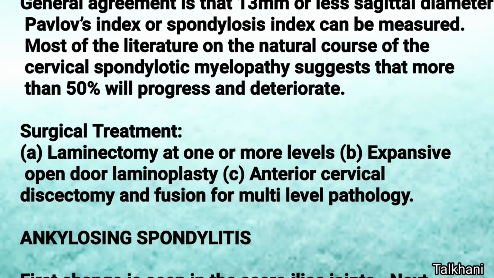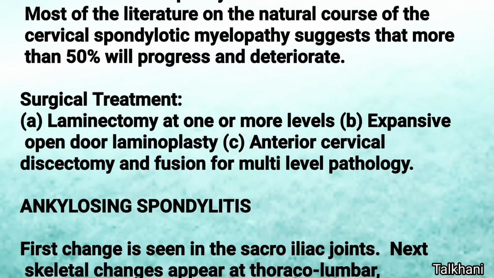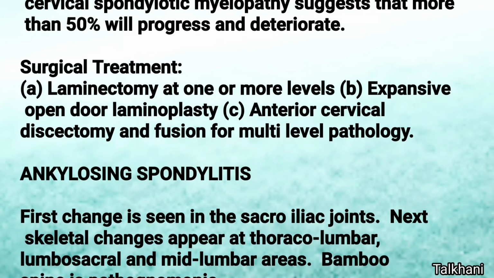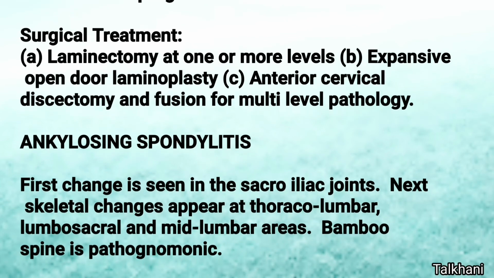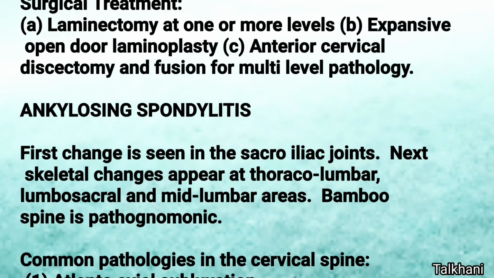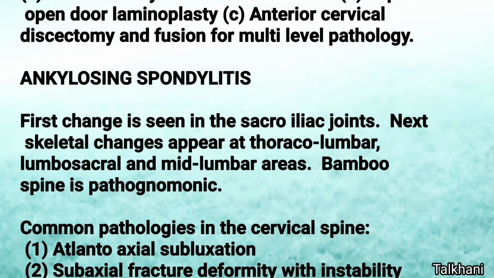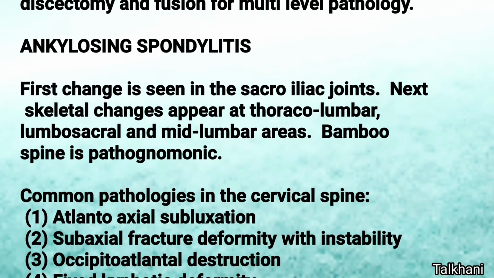Most of the literature on the natural course of cervical spondylotic myelopathy suggests that more than 50% will progress and deteriorate. Surgical treatment options are: A. Laminectomy at one or more levels. B. Expansive open door laminoplasty. C. Anterior cervical discectomy and fusion for multilevel pathology.